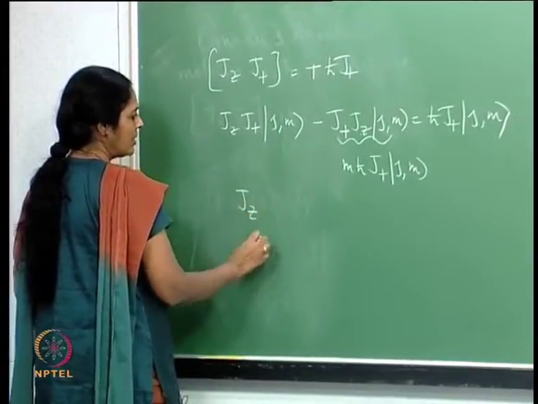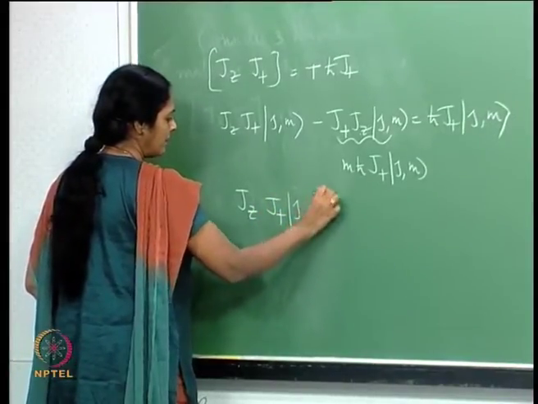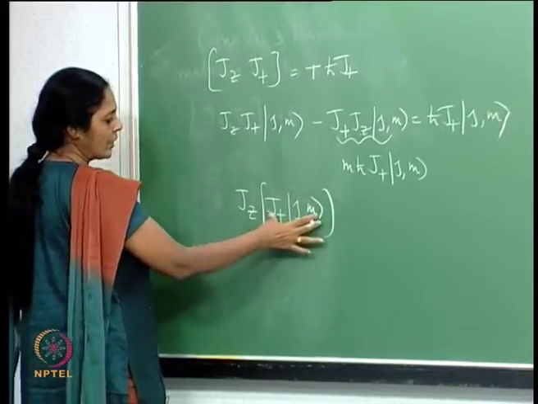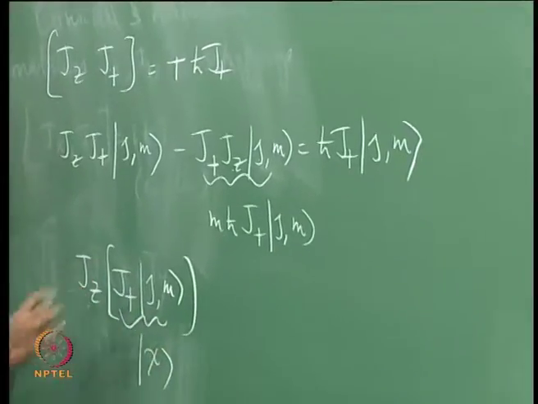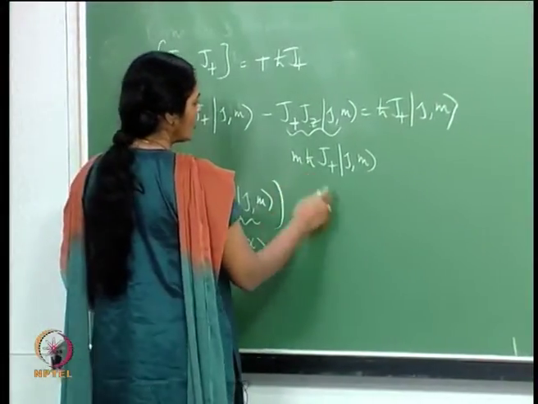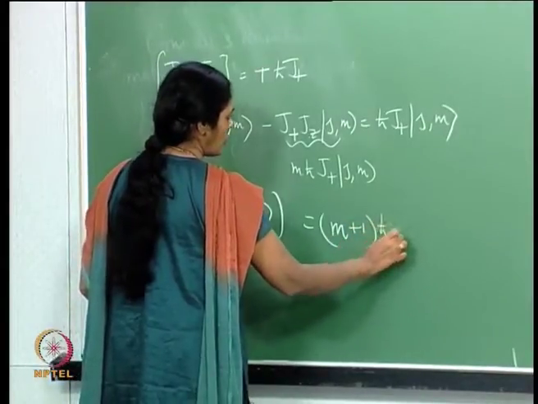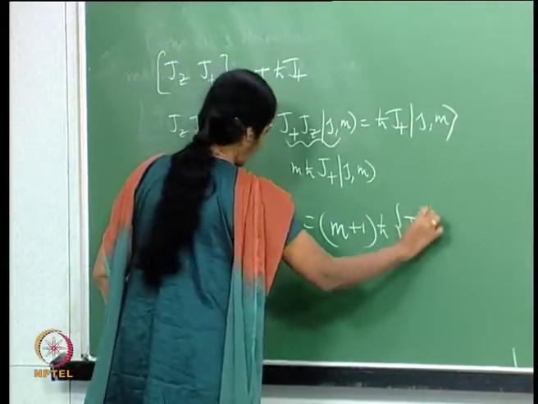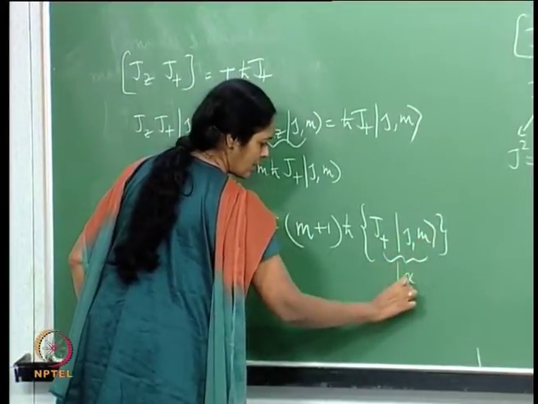Therefore, I have Jz J plus |j, m>, Jz operating on this state, which I labeled as ket chi symbolically. This is equal to (m plus 1) h cross J plus |j, m>. This was ket chi.